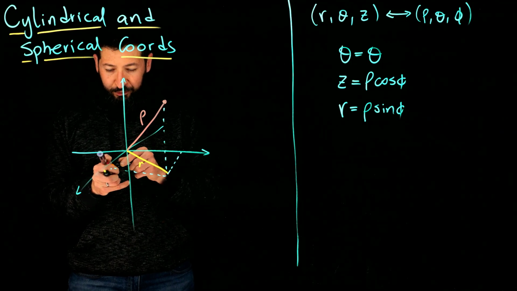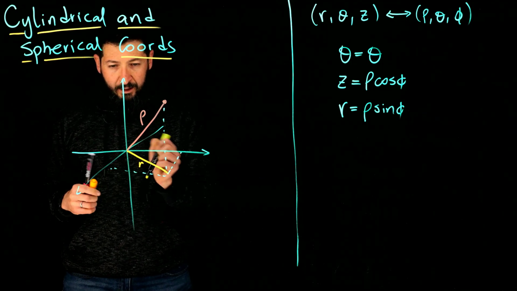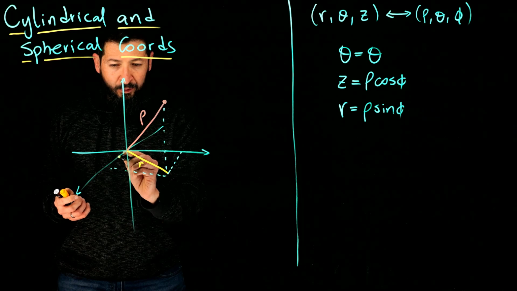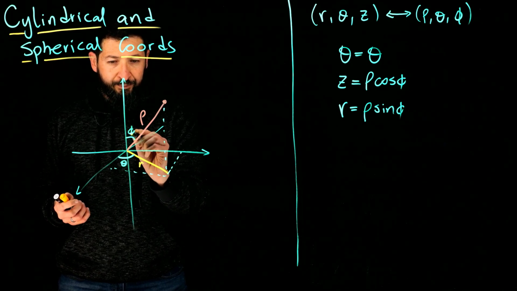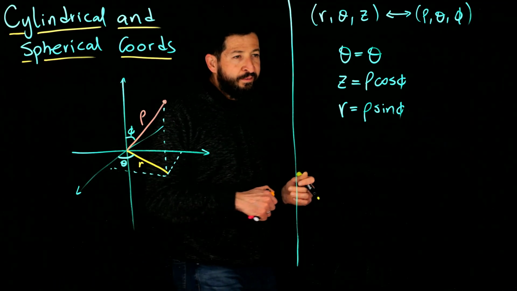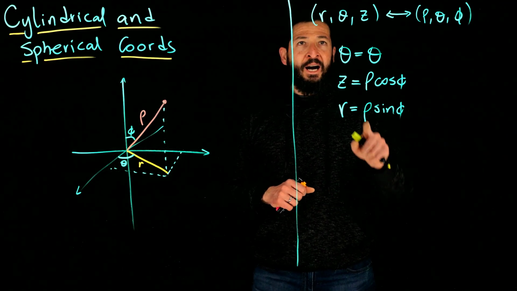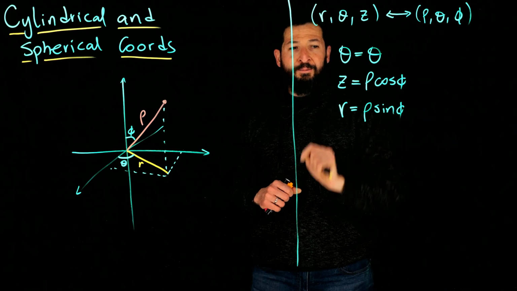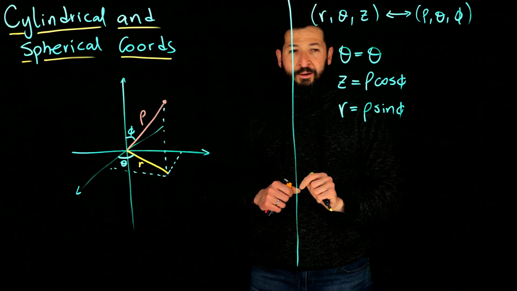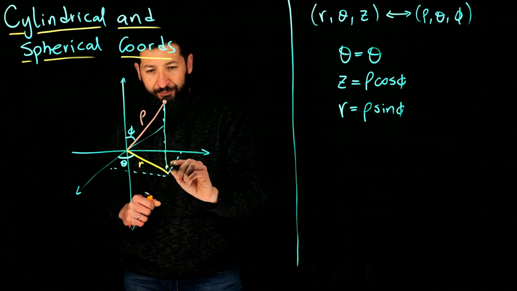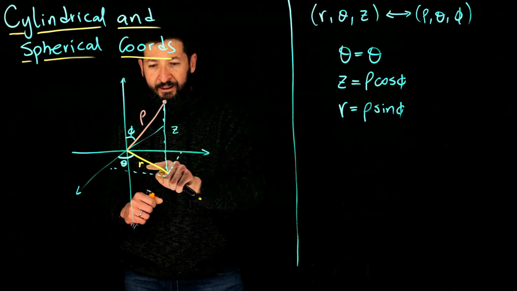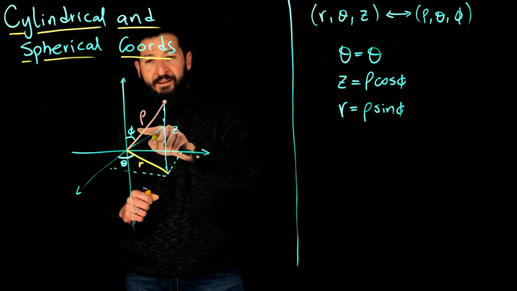And I had the angles. Theta, which is going to be the same one. And I had phi. So now if I have r, theta, z, and I need to find rho, how do I do that? Well, I have a triangle here that has r and z and rho related.